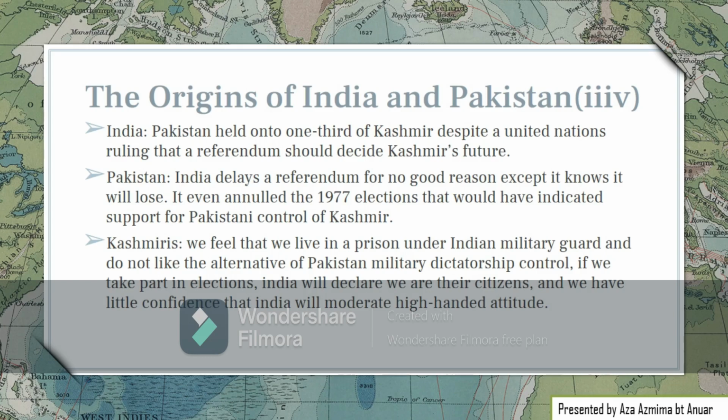Kashmiris feel that we live in a prison under Indian military guard and do not like the alternative of Pakistan military dictatorship control. If we take part in elections, India will declare we are their citizens, and we have little confidence that India will moderate its high-handed attitude. The Kashmiris would prefer a democratic constitution.